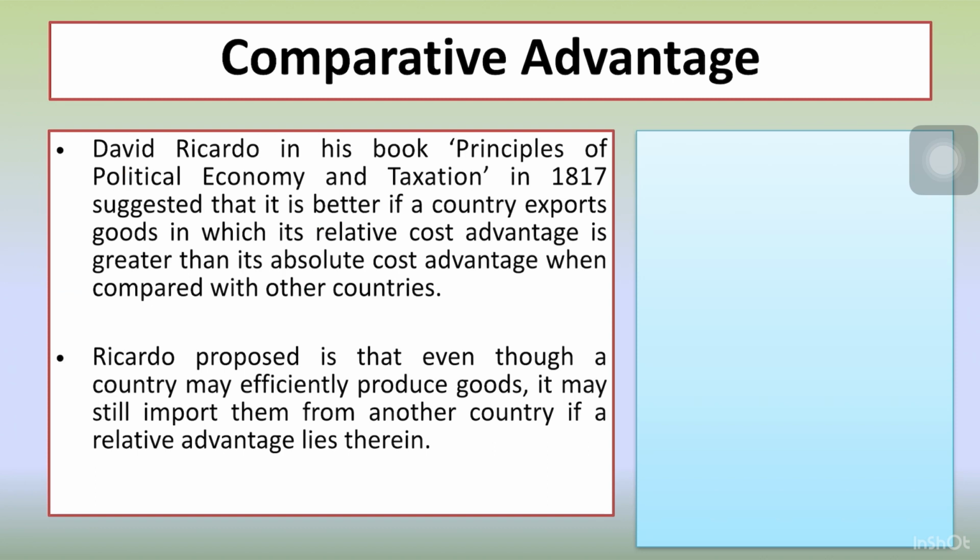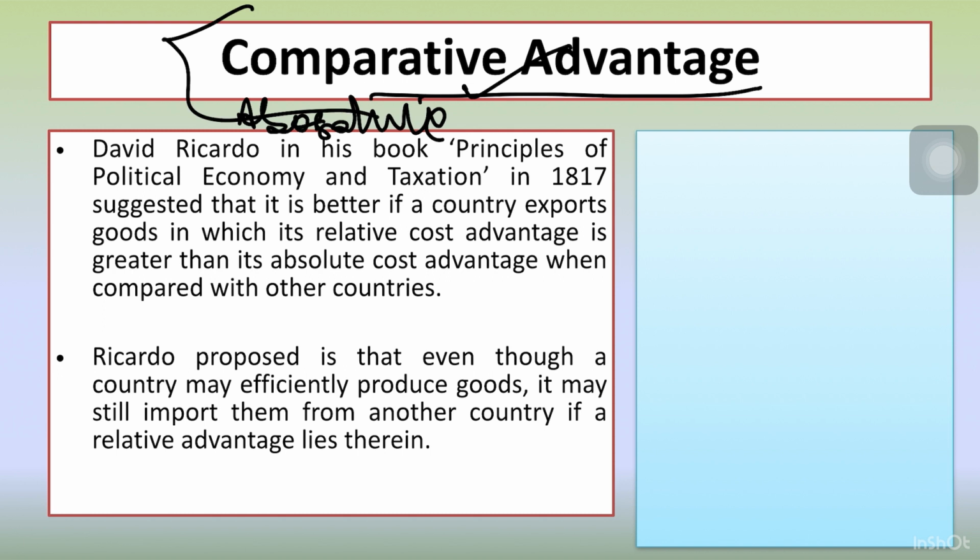So the third theory is that of comparative advantage. Earlier we studied the absolute advantage. Now we are going to study the comparative advantage. Simply by understanding the meaning of the term comparative, you are comparing two things, say X and Y. This theory was given by David Ricardo in 1817 in his book Principles of Political Economy and Taxation.